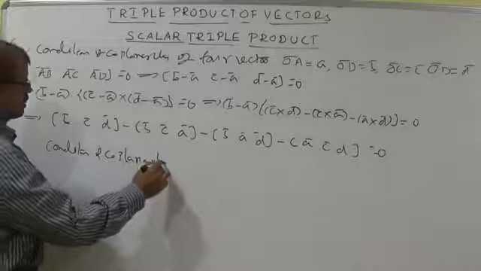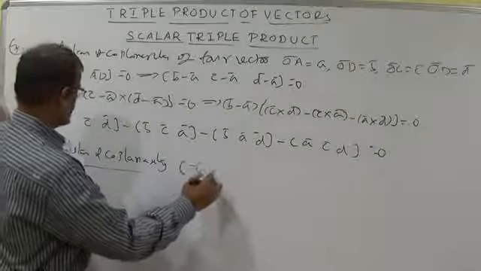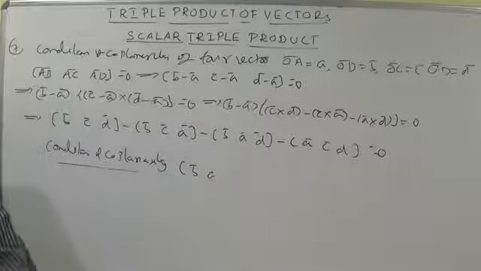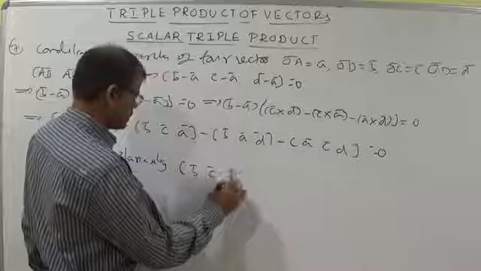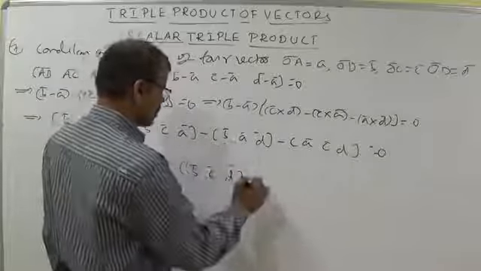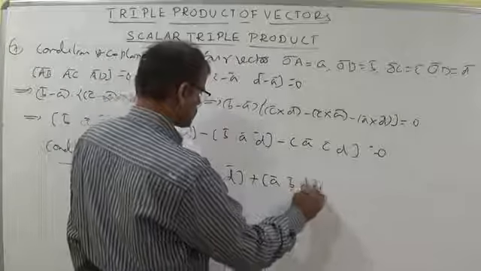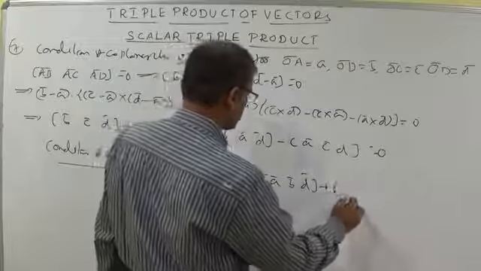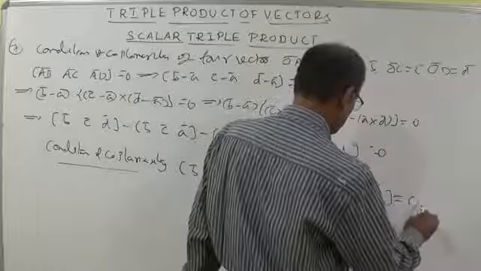The condition of coplanarity is box BCD plus box ABD plus box CAD is equal to box ABC.